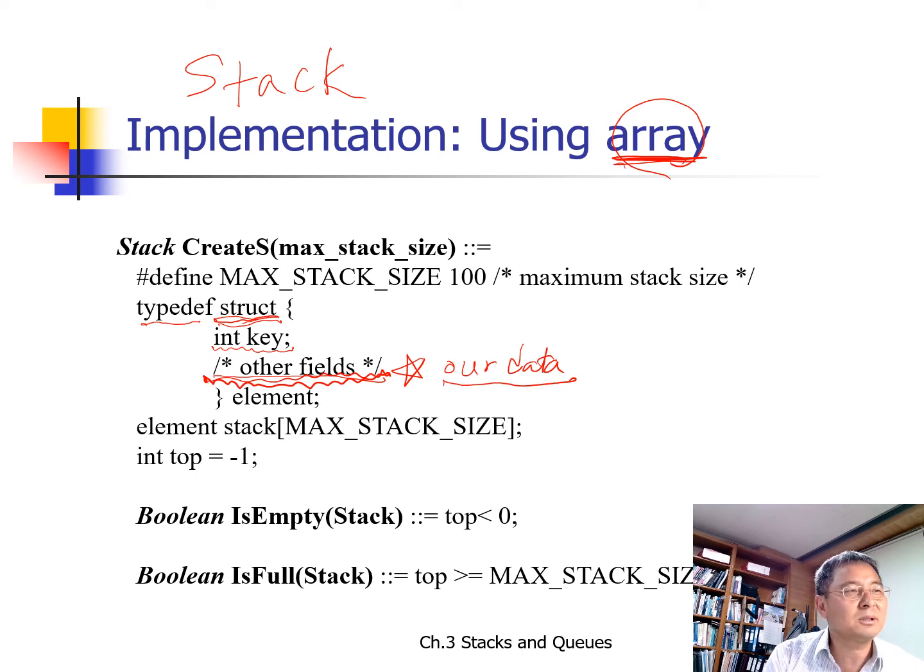And this structure name is element. So from now on, the element in this stack can be defined using this element data type because it is a typedef. Okay, so now we can use element as one user-defined data type. Okay, and the name is stack.